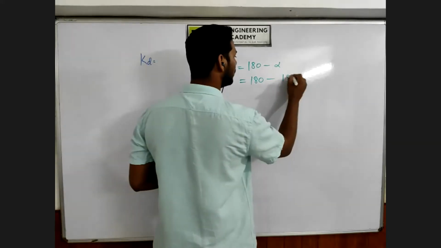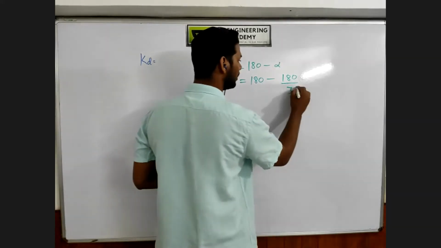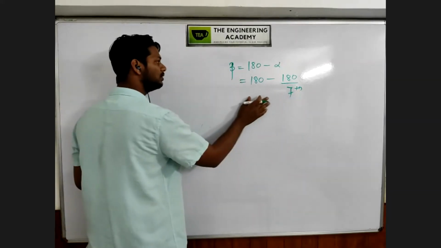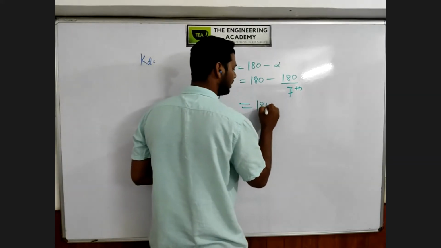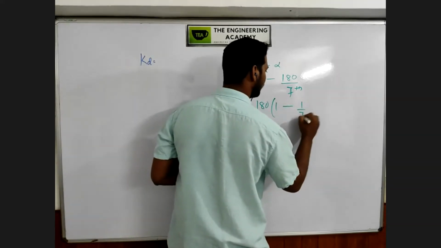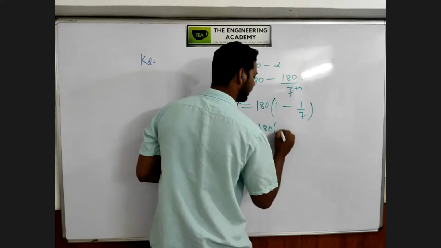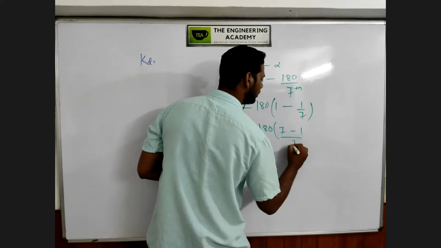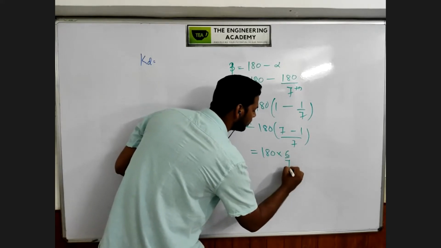It is equal to 180 divided by n, the nth harmonic. What harmonic? Seventh harmonic. Yes, you can also use this formula. What did I do? Take 180 common, and at the end 1 by 7 will come. So 180 bracket 7 minus 1 whole divided by 7. So at the end I will get 6 by 7.